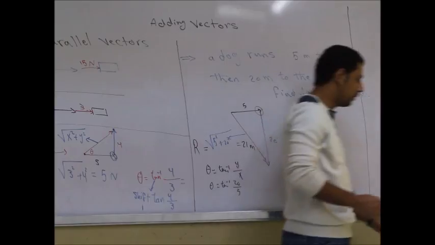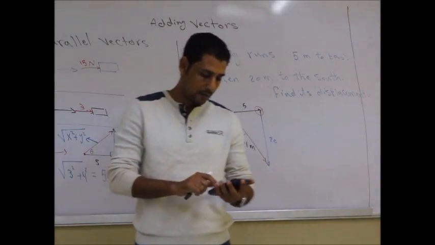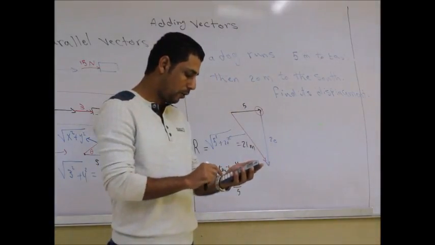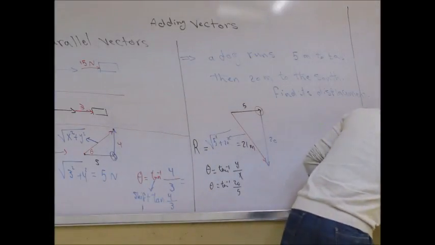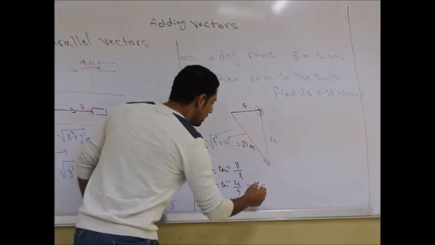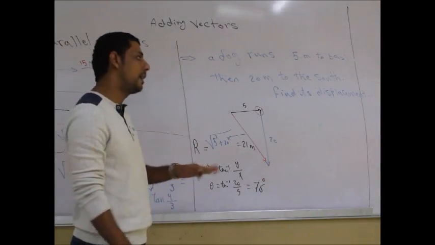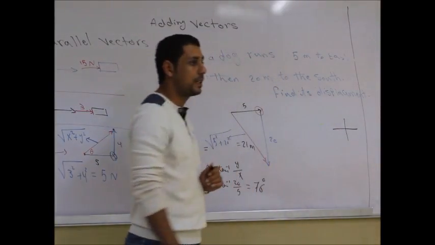So shift tan 20 over 5 equals 76. So the angle will be 76 degrees.